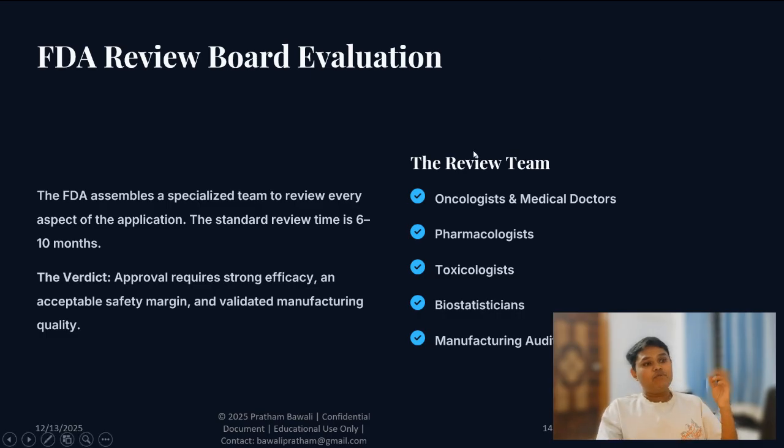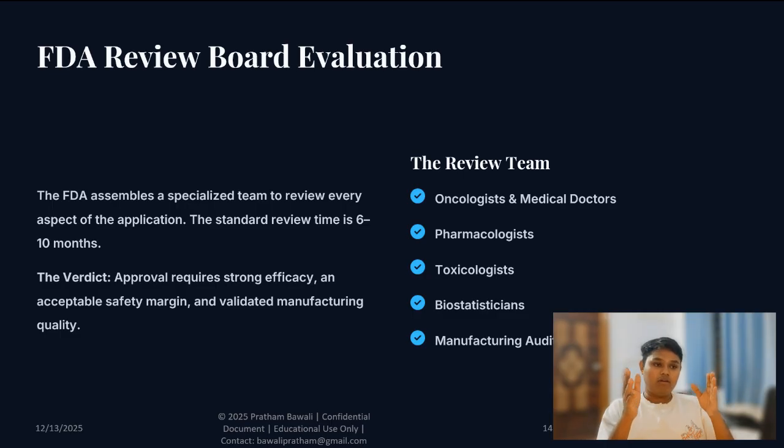Then the FDA review board evaluation, where the FDA assembles a specialized team to review every aspect of the application. The standard review time is 6 to 10 months. The verdict: approval requires strong efficacy, an acceptable safety margin, validation, and manufacturing quality.